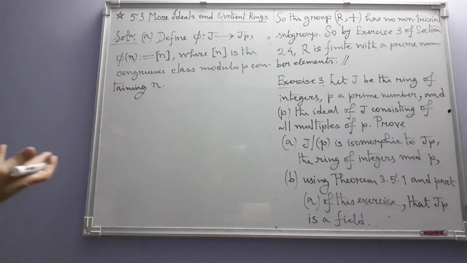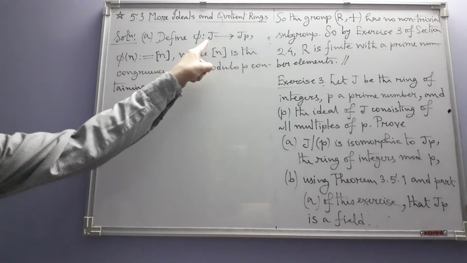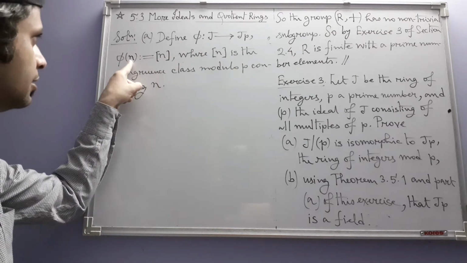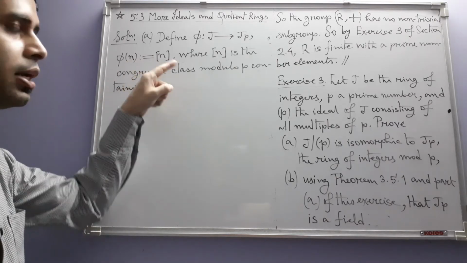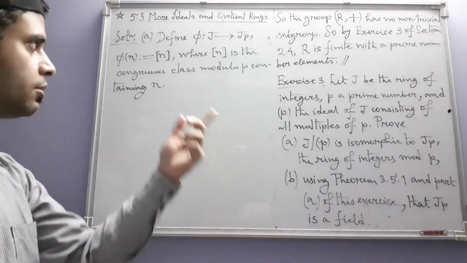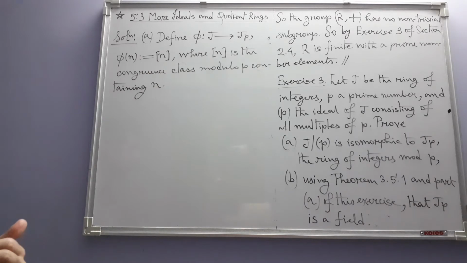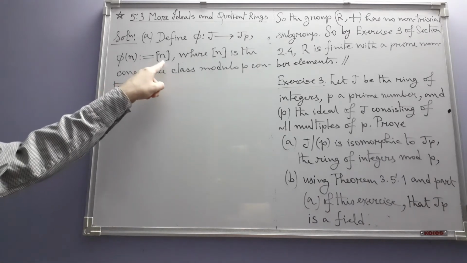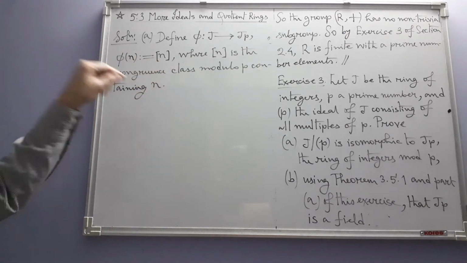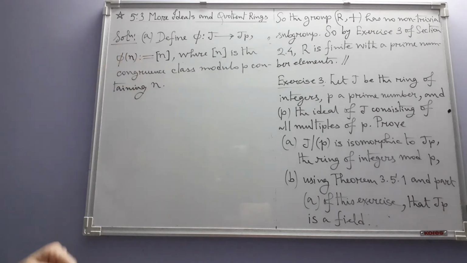Okay, and this is a well defined map. So that means what we have done here is that we are mapping an integer n onto the congruence class modulo P containing that integer.